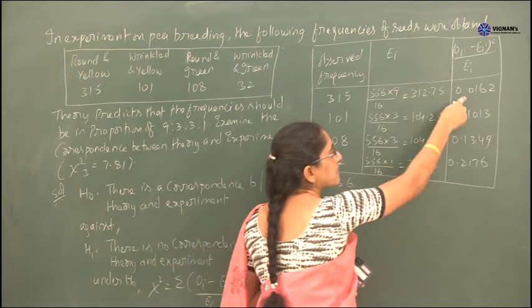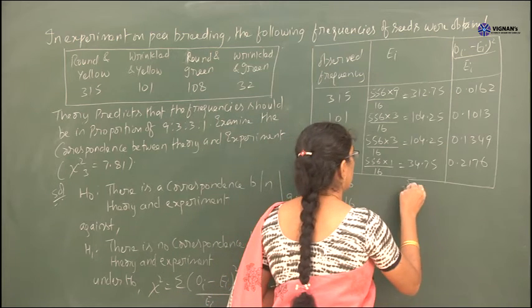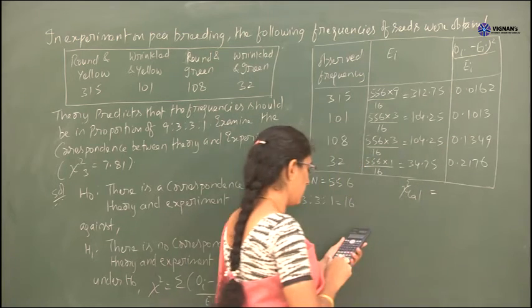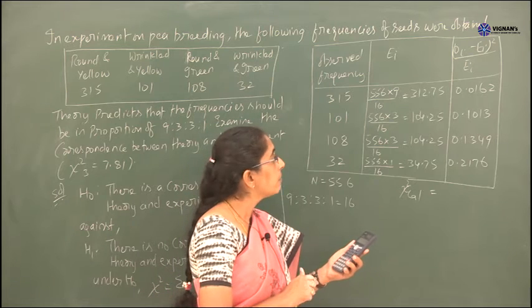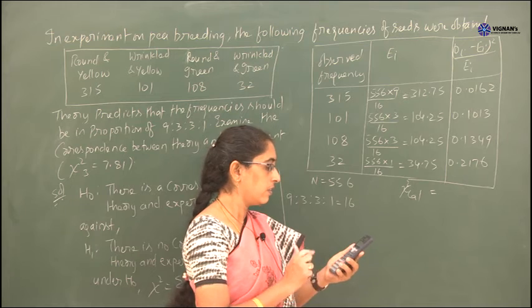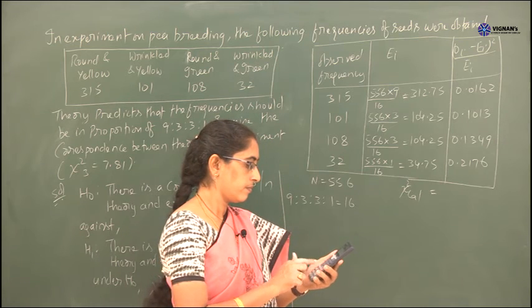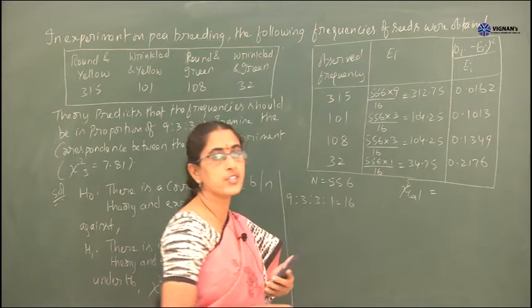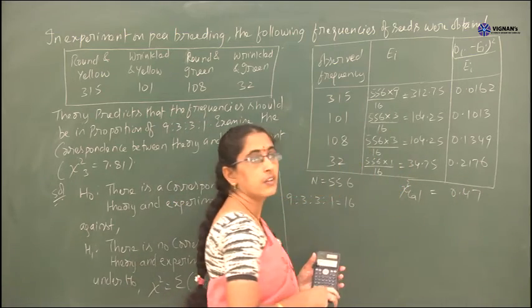Now we have to make a sum of these four values for the chi-square calculated: 0.0162 plus 0.1013 plus 0.1349 plus 0.2176, so it is equal to 0.47. Okay.